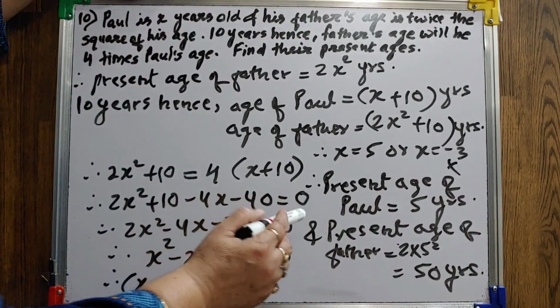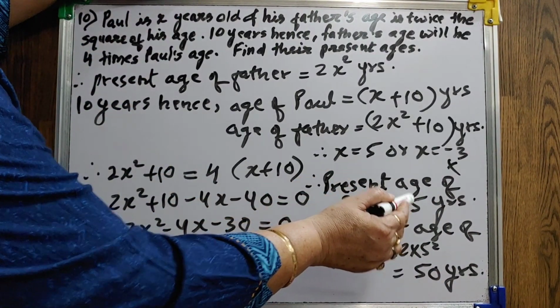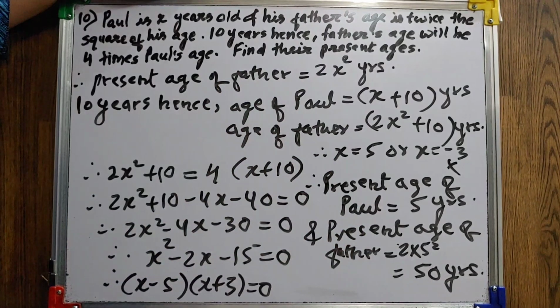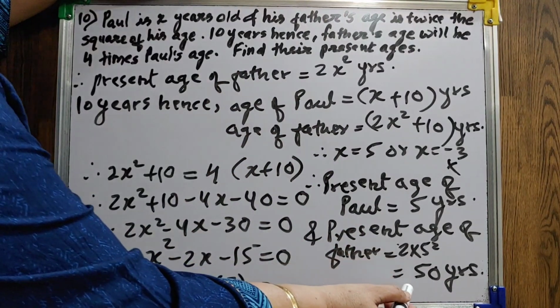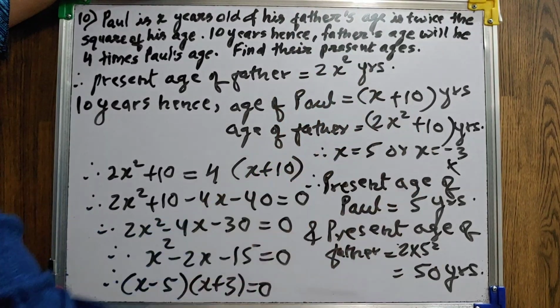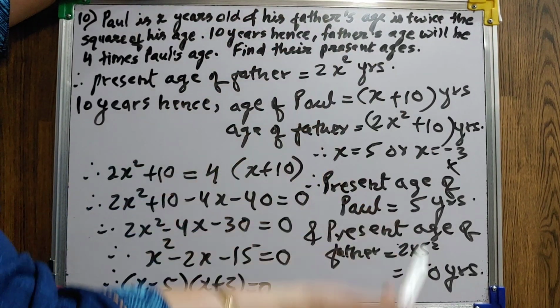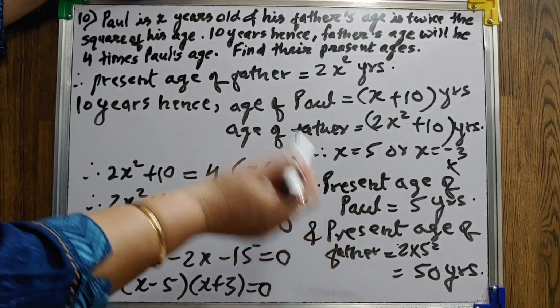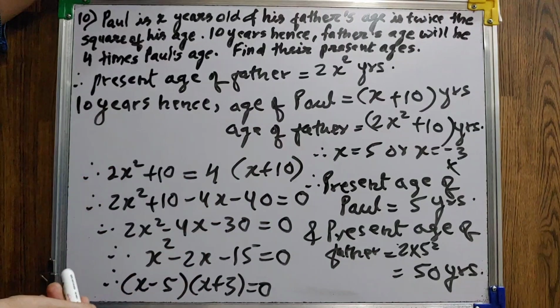Now verify the answer. Now present age is 5 years. So after 10 years, it will be 15 years. After 10 years, father's age will be 60. 15 4s are 60. So father's age will be 4 times the age of Paul at that time.